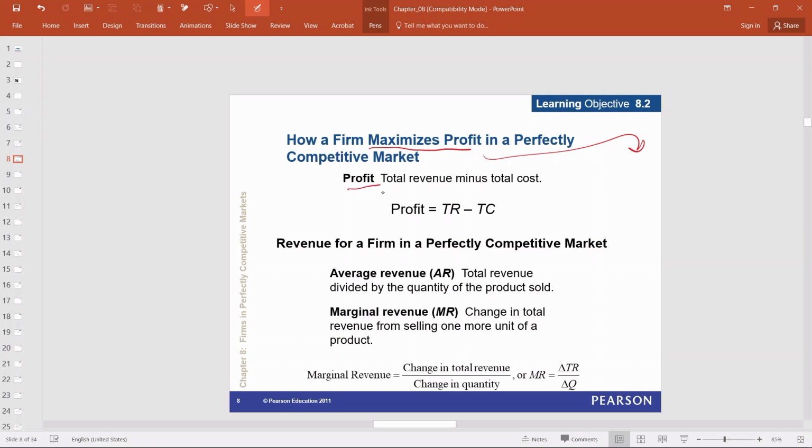So profit is total revenue minus total cost, and this total revenue could identically be measured by the price of a product multiplied by quantity sold, minus the price of all resources multiplied by quantity produced. So these are sales. So these are costs.